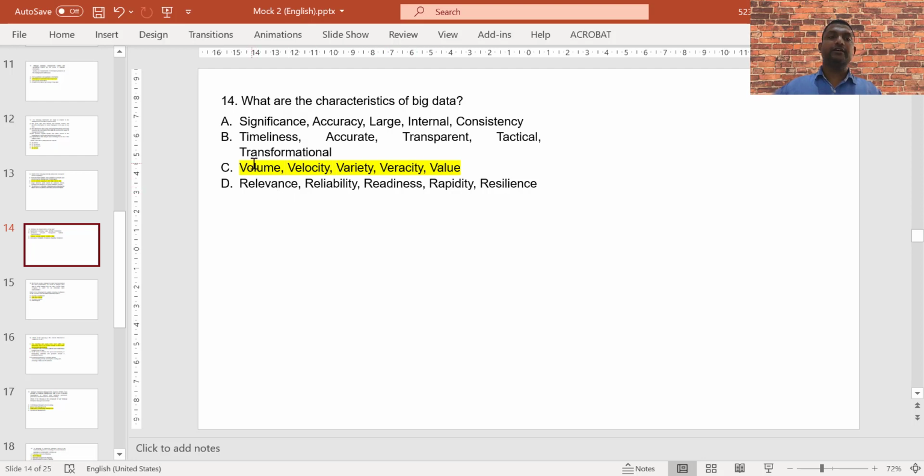Since the data has a large volume and it accumulates very fast and we receive the data quickly, and it has a variety of data, a veracity of data, then data itself becomes valuable because we can use it for a lot of decision making because of these characteristics. So therefore these are the 5 characteristics of big data.